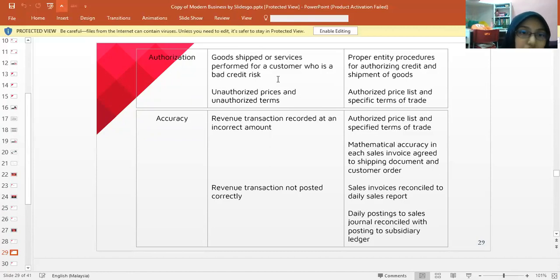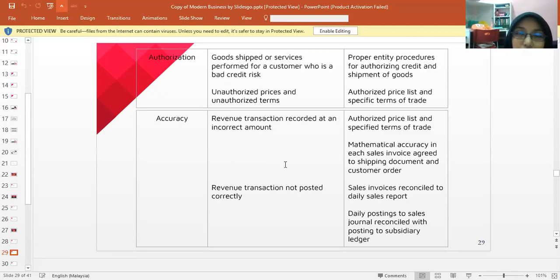Next will be the accuracy assertion. The possible misstatement will be revenue transactions recorded at an incorrect amount. So to ensure accuracy, an authorized price list and specific terms of trade will be provided, or mathematical accuracy will be checked in each sales invoice, agreed to the shipping document and customer order.